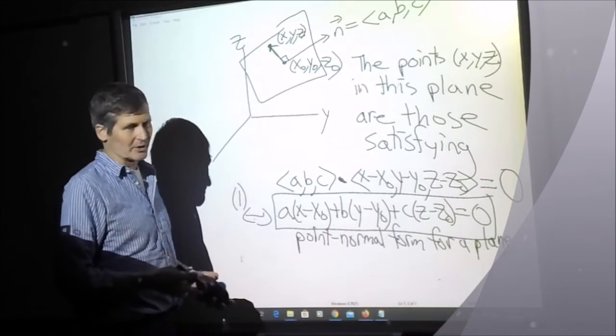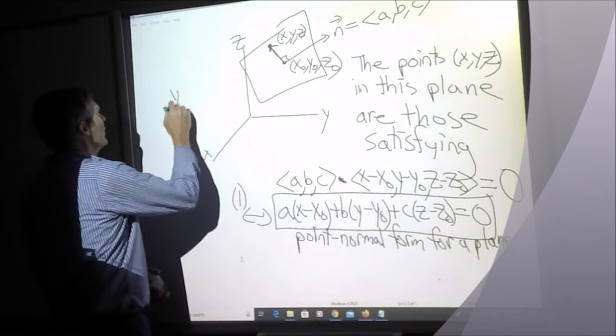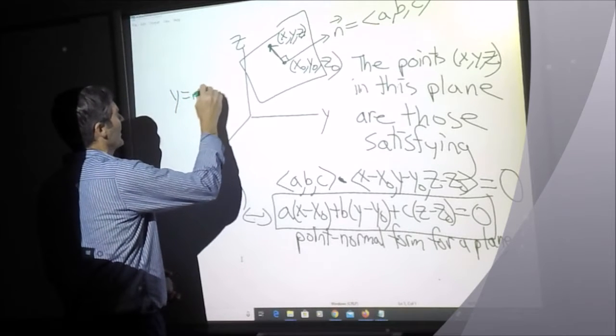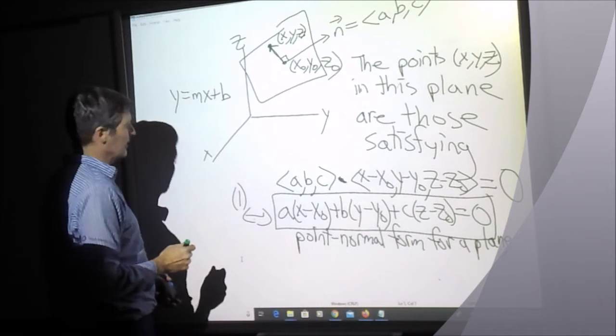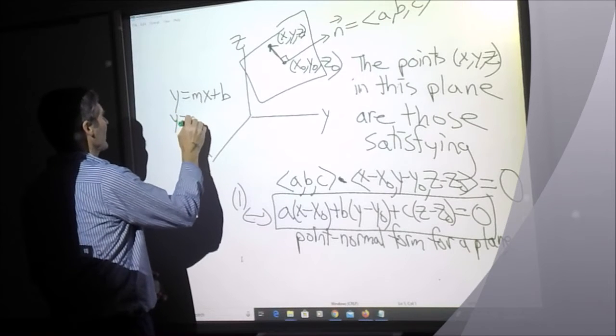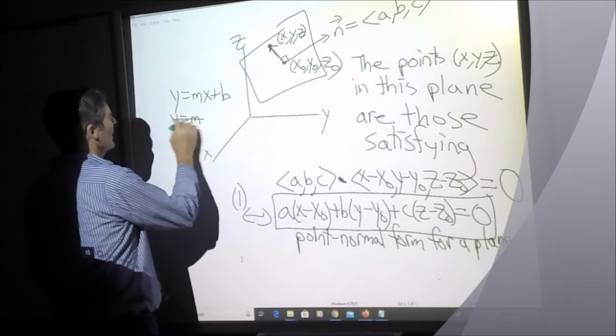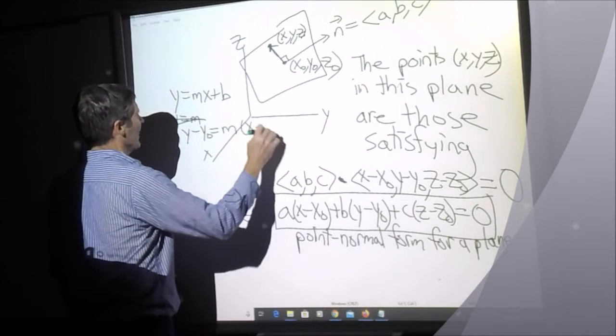It's analogous to what you did in algebra, where you had slope-intercept form of the line in the plane, because m was the slope and b was the y-intercept. You had point slope form, y minus y0 equals m times x minus x0.